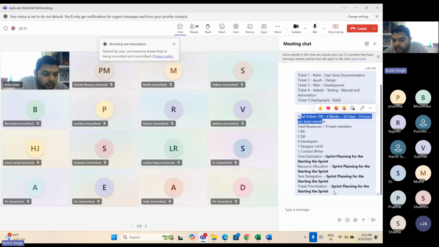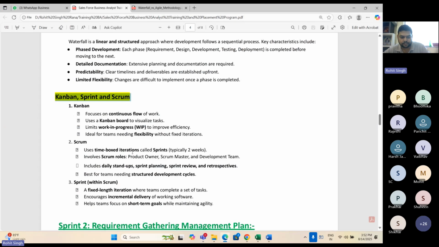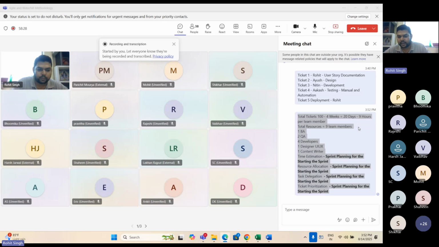This is the activity that we do every sprint before the sprint starts. That is known as sprint planning, which is equivalent to starting the sprint. So in order to start the sprint, I have to perform this activity.